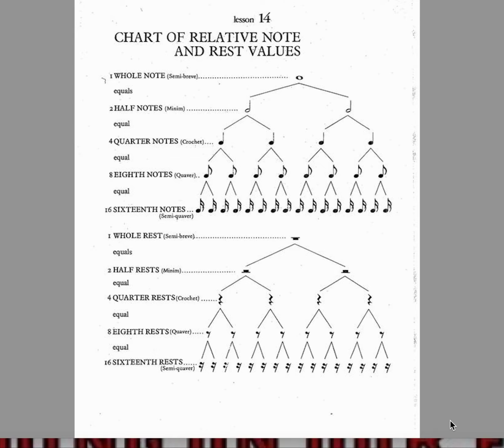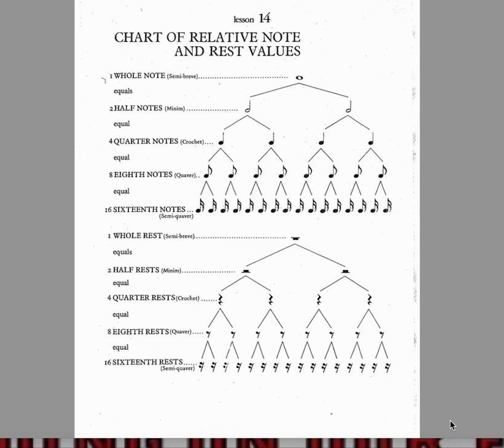So a quick review of what we've done so far: a whole note, or a semibreve, is 4 beats. It looks like a big O. A half note, which equals 2 beats, or is also called a minim, you get 2 of those in a 4/4 measure.